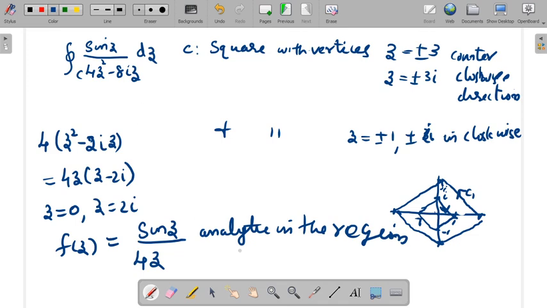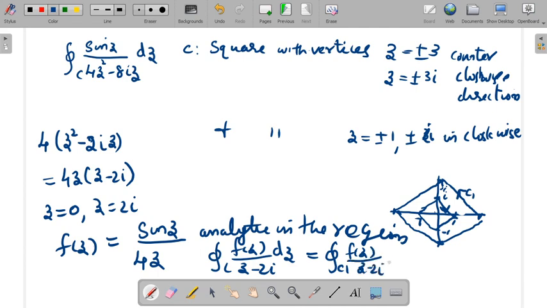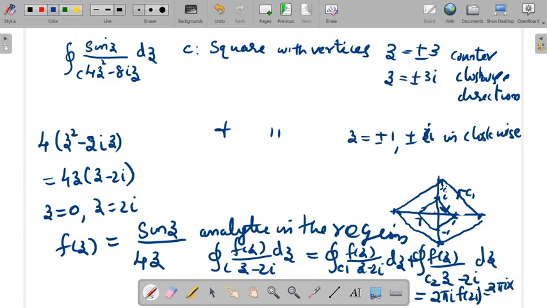So we can write the integral as integral over C f(z)/(z minus 2i) dz, and this is equal to integral over C1 f(z)/(z minus 2i) dz plus integral over C2 f(z)/(z minus 2i) dz, and that is equal to 2 pi i into f of 2i. f of 2i is sin 2i divided by 4 into 2i.